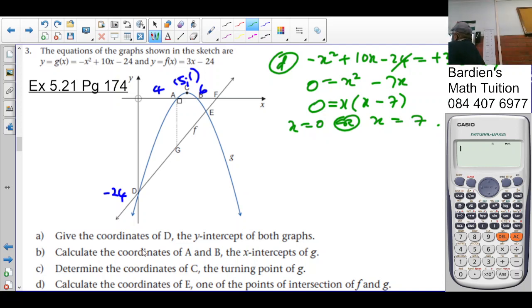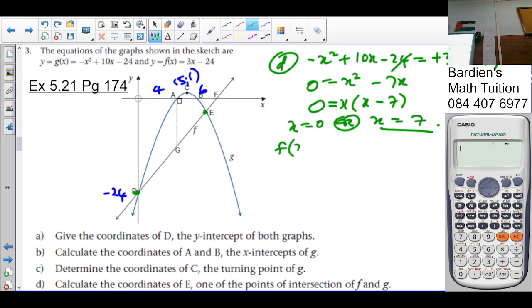Right. Why are there two values? We have 2 points of intersection. And the D is where the 0 is already. That's on your y-intercept. Whilst the other one is going to be at 7. Okay. So what do I do with that? I either put it into the straight line or into the parabola. The straight line is going to be easier at this point.